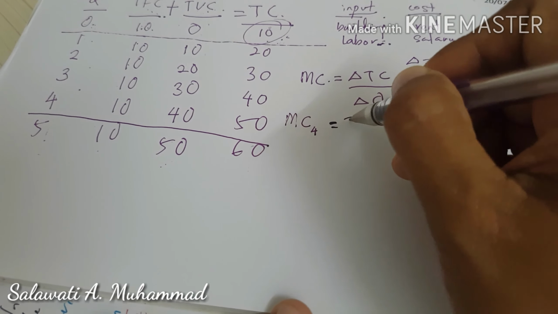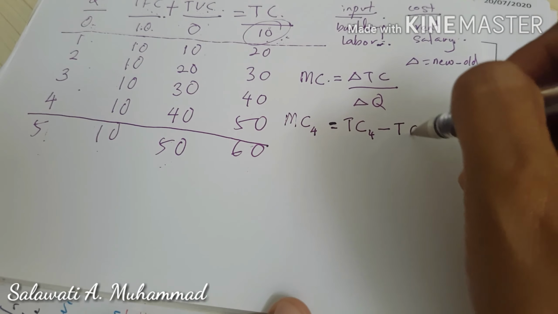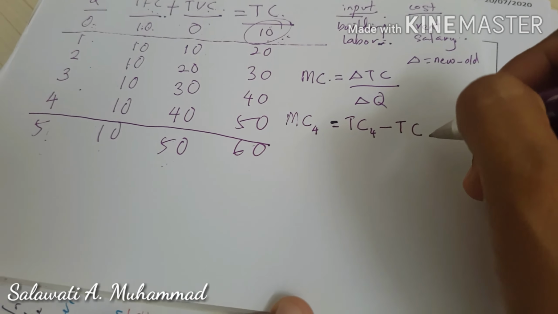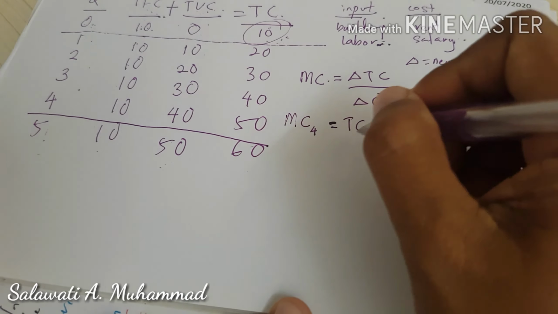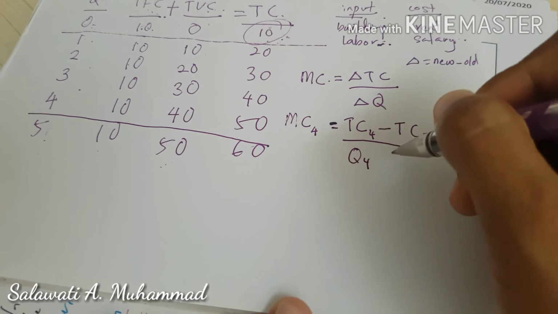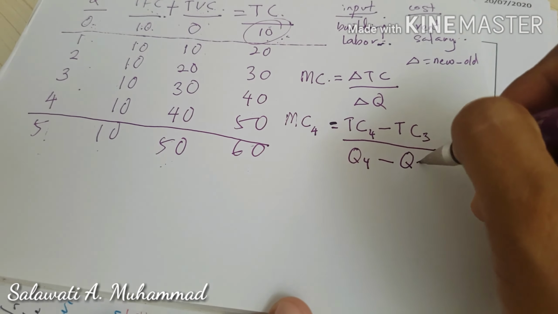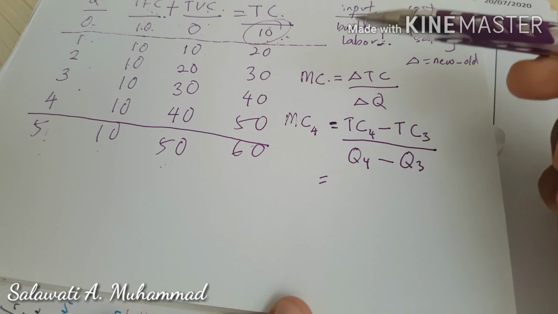So TC at production 4, we subtract TC at the old production, meaning before 4, which is 3. Then we divide by quantity 4 minus quantity 3. We get the amounts from the table.